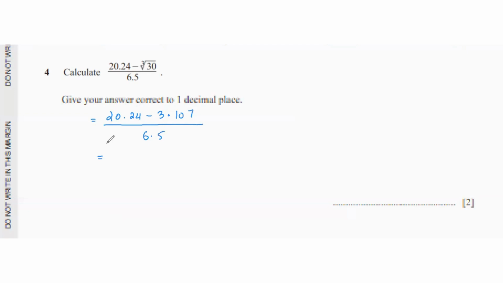So now we subtract 20.24 and 3.107, which is 17.133. Divide that by 6.5. That gives us 2.63. Round that to one decimal place. So 2.6 is your answer.